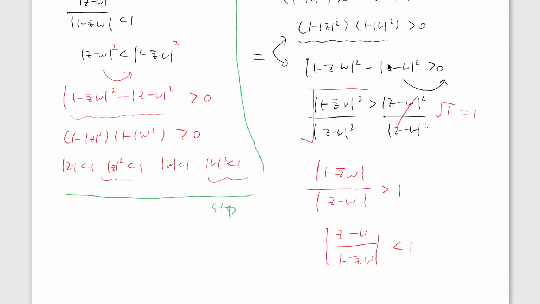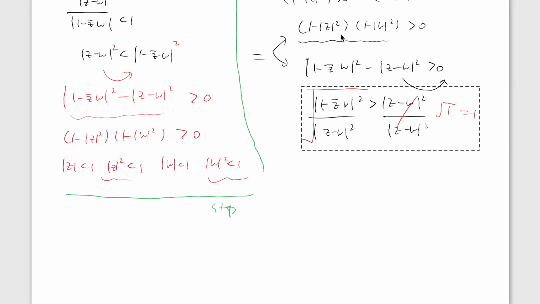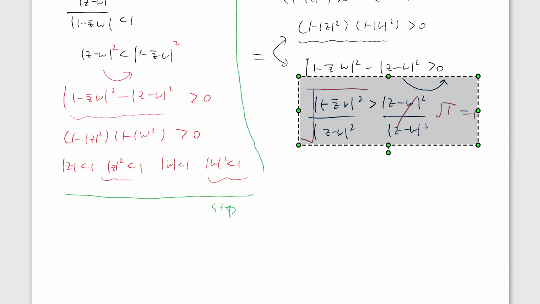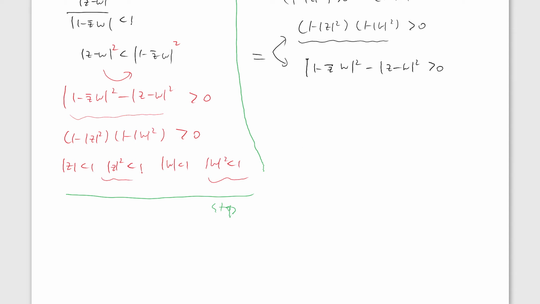Or right at the beginning, we just move this to the other side. So instead of dividing by |z - w|², I think a proper way to do it, instead of flipping it later on, let me just quickly redo this again. So now we have |1 - z conjugate w|² is greater than |z - w|².